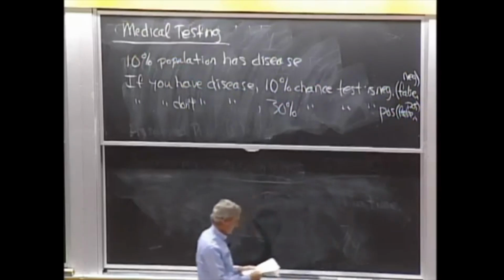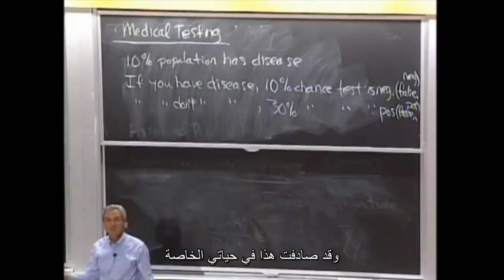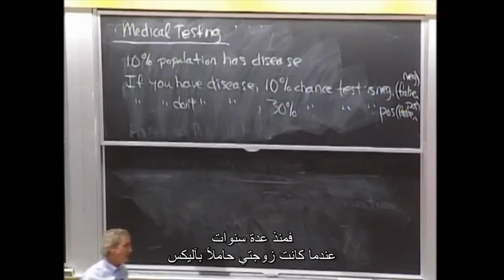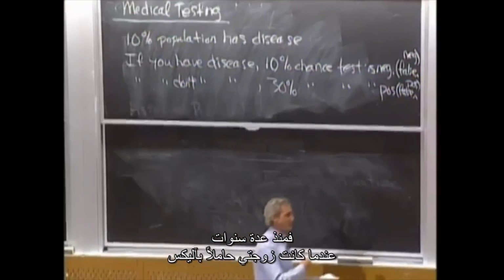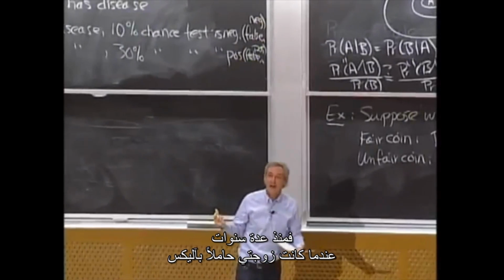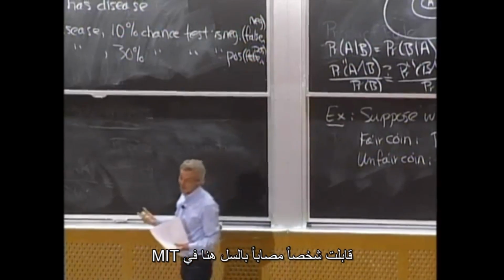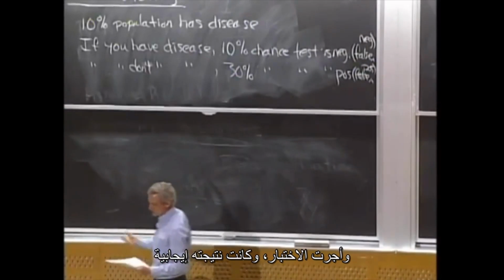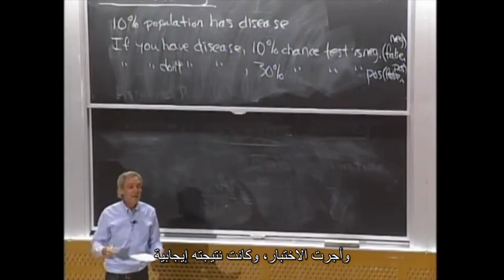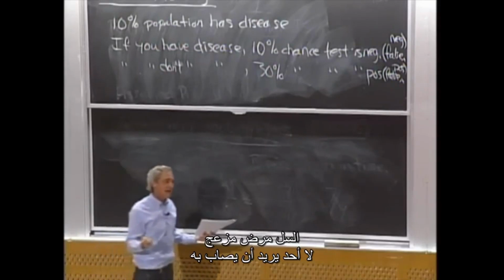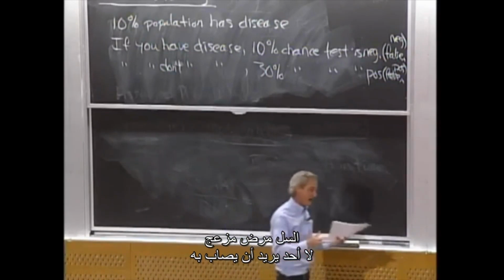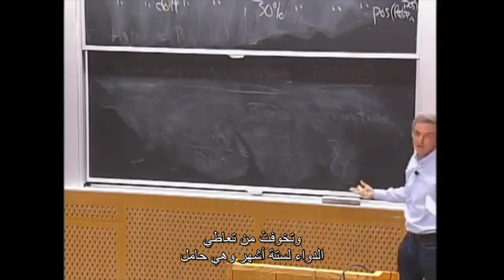All right, so actually this came up in my personal life many years ago when my wife was pregnant with Alex. She was exposed to somebody with TB here at MIT, and she took the test, and it came back positive. Now, TB is a bad thing, you don't want to get it, but the medicine for it you take for 6 months, and she was worried about taking medicine for 6 months when she's pregnant.